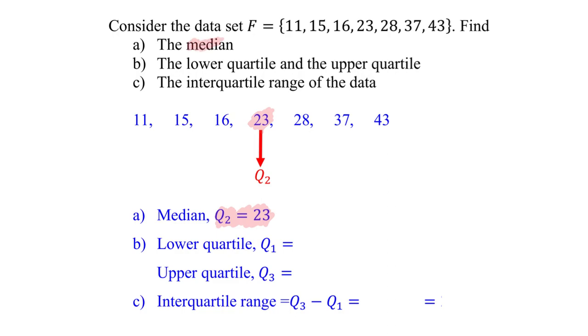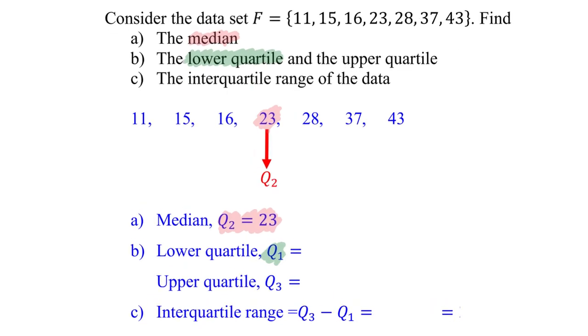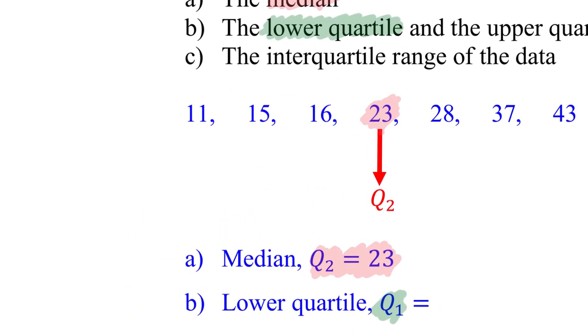Now, for my lower quartile, which is my Q1, where is it? Now we need to focus on 11, 15 and 16. Out of these 3 data, which one is my middle number?